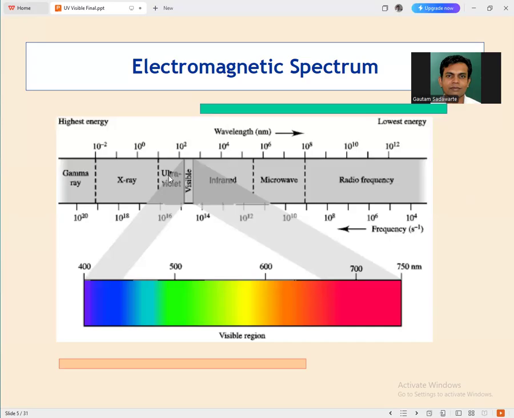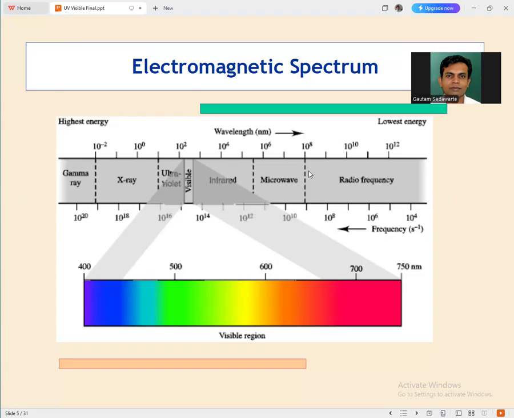In ultraviolet visible spectroscopy, electronic excitation takes place. In case of infrared, the molecule undergoes stretching as well as bending vibrations, such as symmetric stretching, asymmetric stretching, etc. Later on is microwave radiation, associated with microwave spectroscopy.